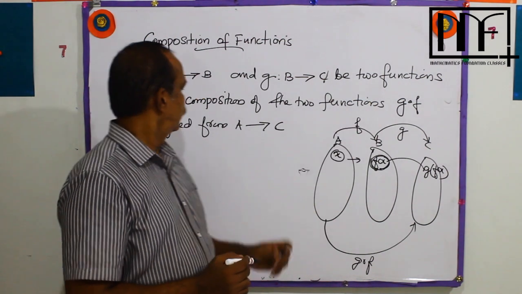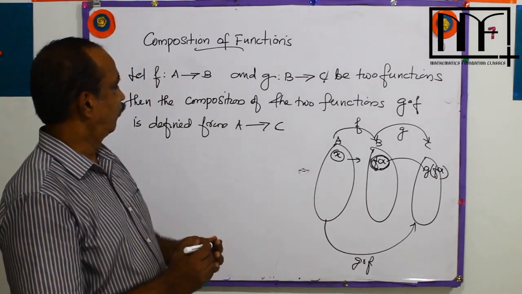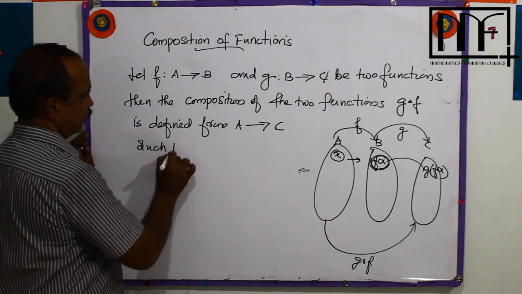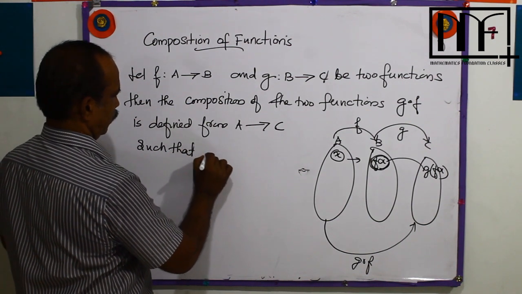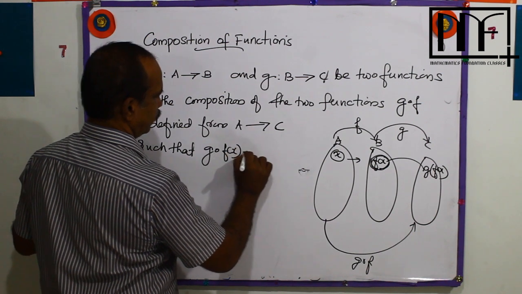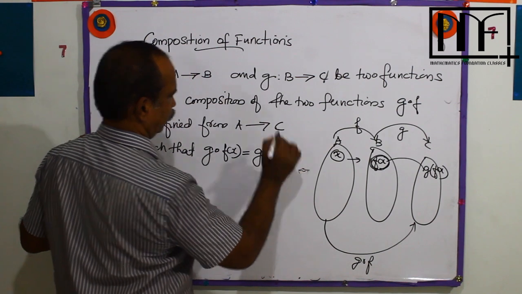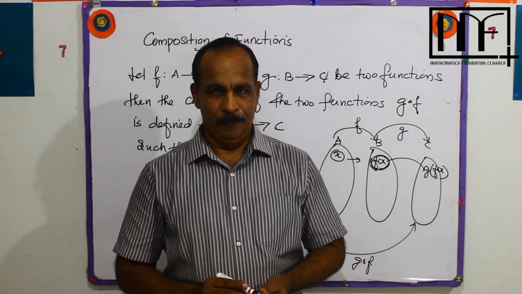Therefore, f is a function from A to B and g is a function from B to C. These are the two functions. Then the composition of the two functions g of f is defined from A to C such that (g∘f)(x) = g(f(x)).